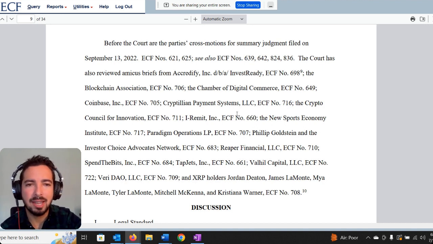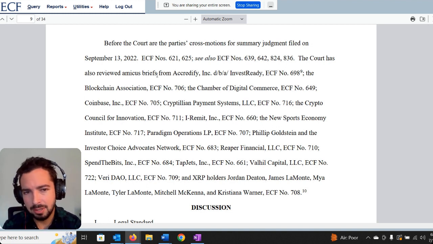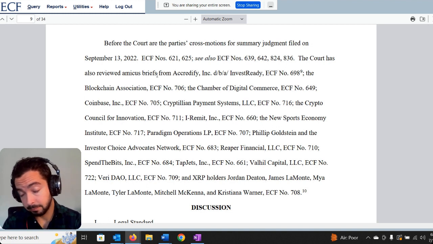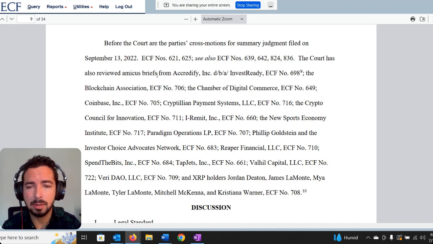So what is this all saying? Why did I just read these names? They, as you might know, filed what are called amicus briefs, which I haven't really seen those used in a trial court case, but hey, I think this is a big case, so the court probably allowed it.